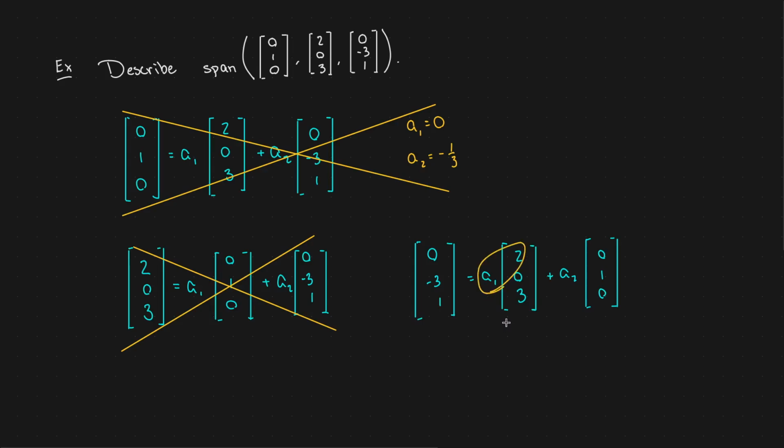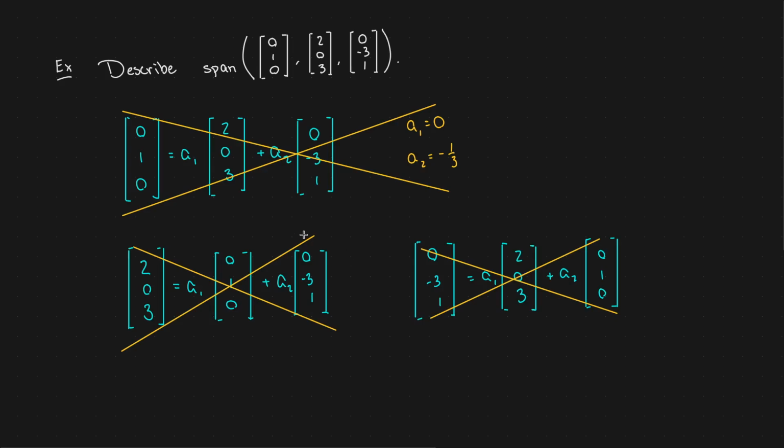A1 would have to be 0. A2 would have to be negative 3. But then I get 0 plus 0 equals 1. That doesn't make sense. So that's also impossible. Which means all of these are independent. There's no redundancy. Okay? They all are giving useful information here.